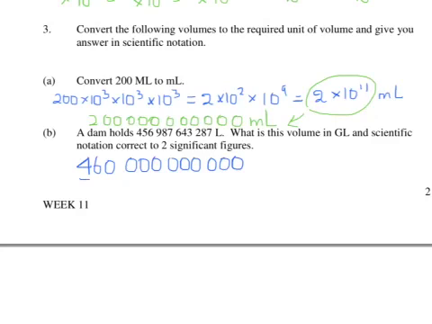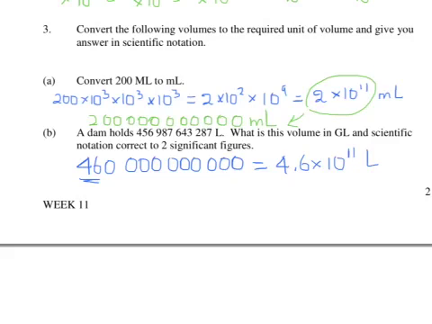So now I've got it rounded off to 2 significant figures, but it's still a very large number. It's 4.6 multiplied by 10, and how many place values do I have when I count them? I want to do this quite quickly, so it's 11, and that's now litres.